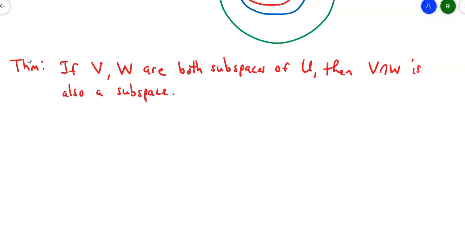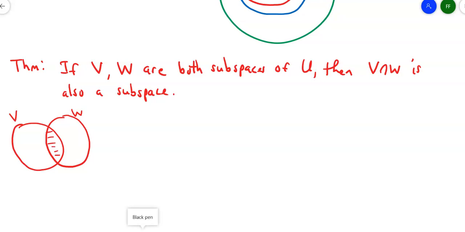What does this look like? Suppose this is set V, and suppose this is set W. Where is the intersection? I'm claiming that that intersection itself is also a subspace. So how do I do that? Well, the first thing I'm going to do is pick two vectors that are in that intersection.